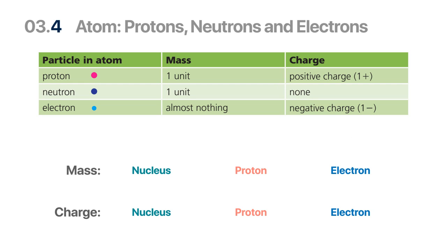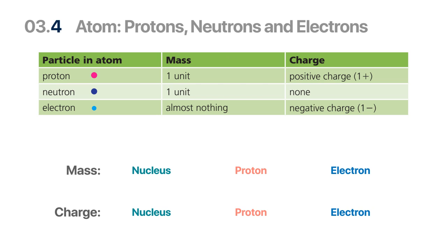To understand the atom better, we have to understand a bit about what it's made of, which are protons, neutrons, and electrons. There are only two properties these three have: either they have a mass, or a charge, or both. Mass is interesting.